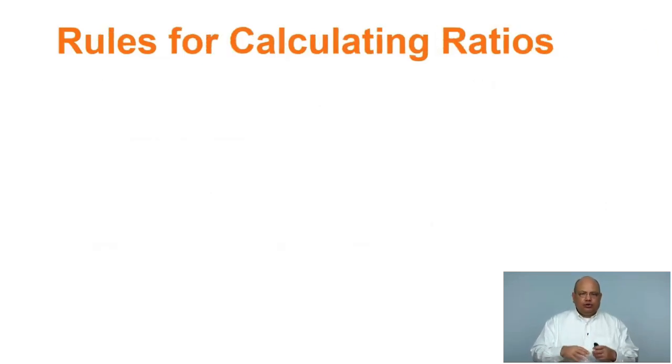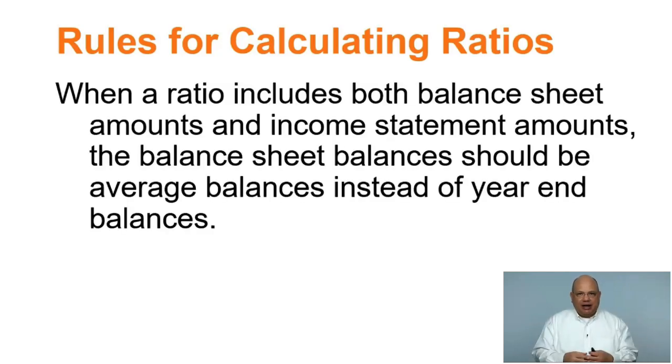We have a couple of rules we need to be aware of when we're calculating ratios. The first is if we have a ratio that includes balance sheet amounts and income statement amounts, we need the balance sheet to be an average balance. Okay? The income statement is a year. The balance sheet is a picture in time, a point in time. And so if we're looking at balance sheet and income statement numbers being compared, we want that balance sheet number to be an average.